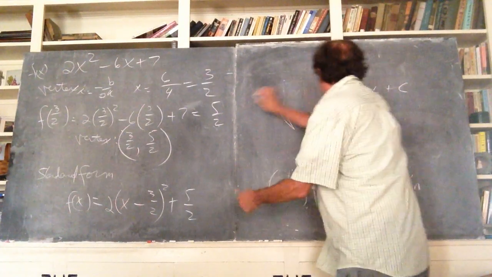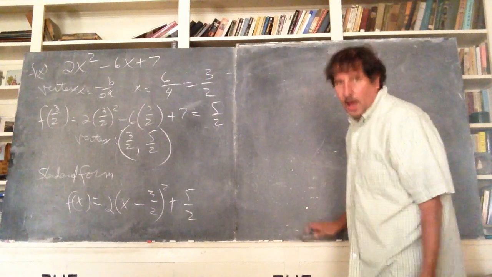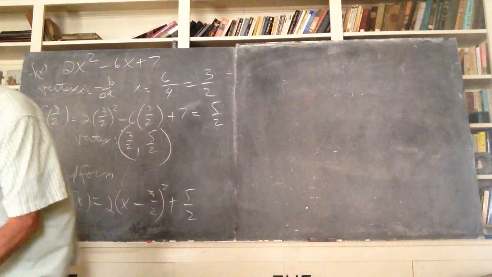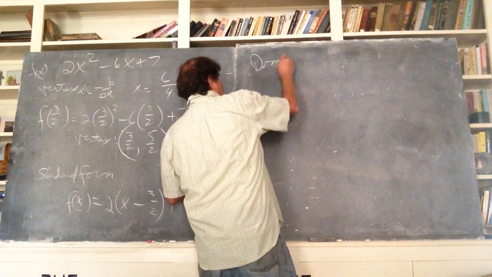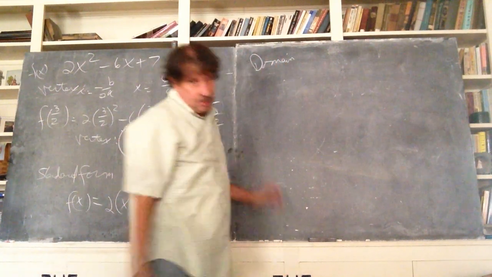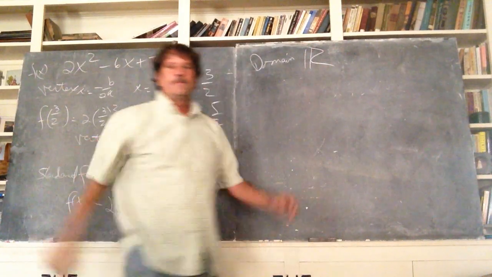Okay, general forms of equations of lines. Ultimately, you want to solve these. That's where we're headed. Max, min, domain. For any polynomial function, in particular quadratic functions, the domain is all the reals.